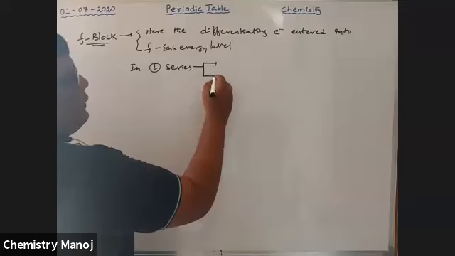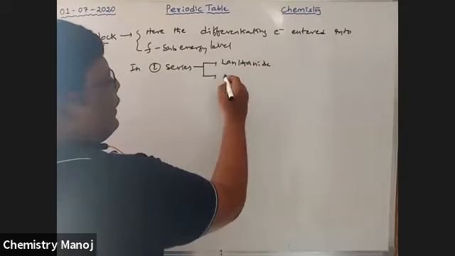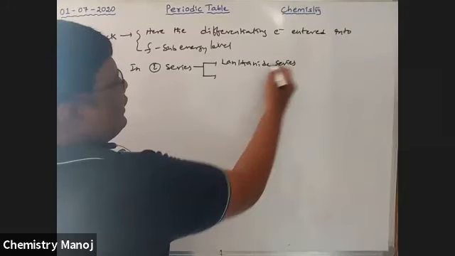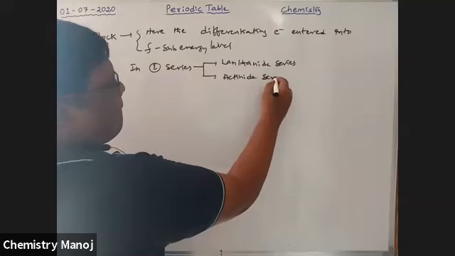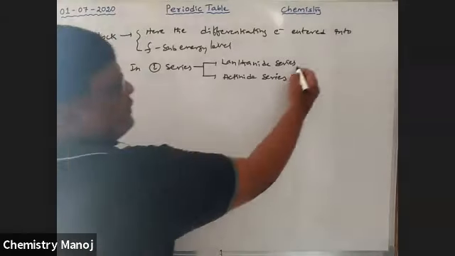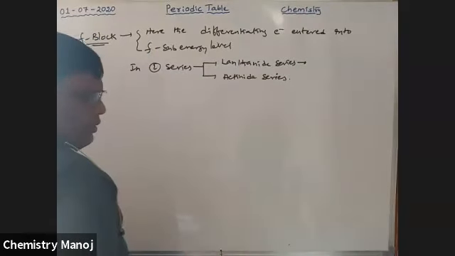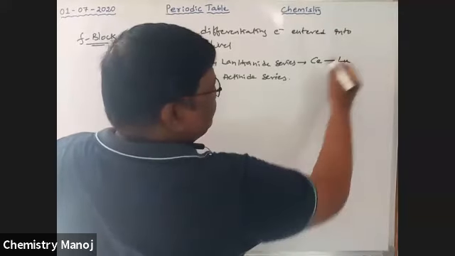One is the lanthanide series and the other is the actinide series. The lanthanide series goes from cerium to lutetium.